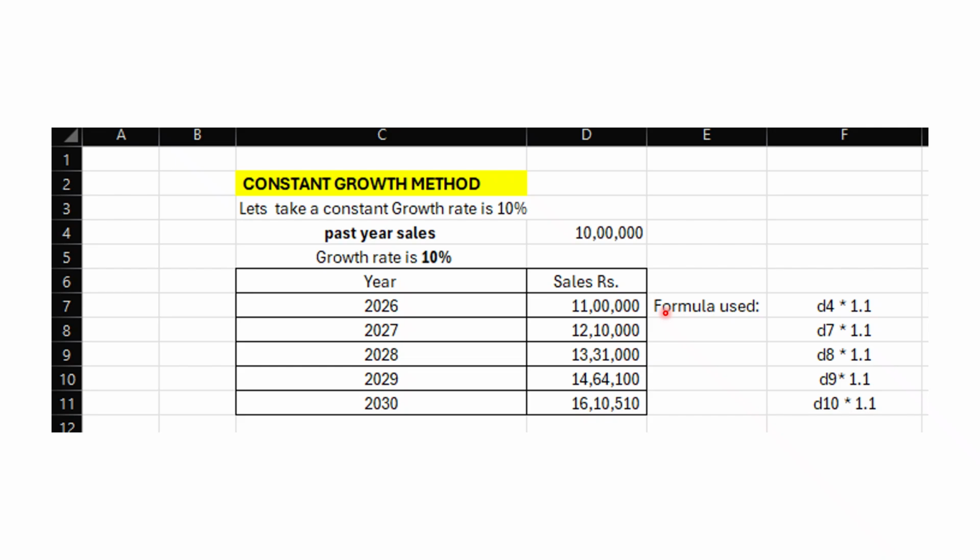For example, 11 lakh plus 10% gives you 12 lakh and 10,000. On the 12 lakh and 10,000 plus 10 percent, you will get 13 lakh and 31,000. Likewise, every year I'm assuming my sales will go up by 10 percent. So the 10% is fixed, and that is why the name itself is constant.